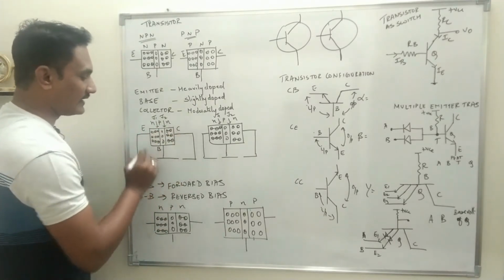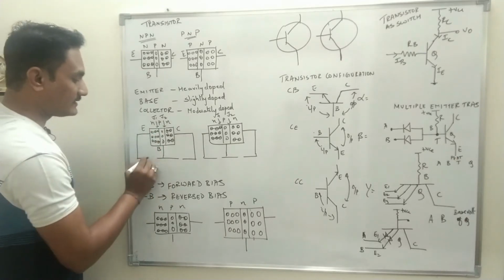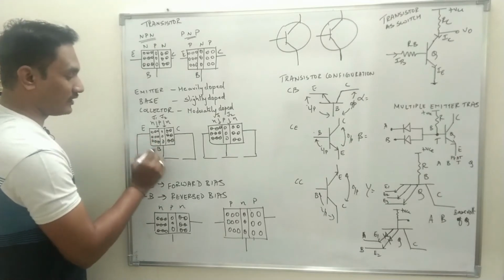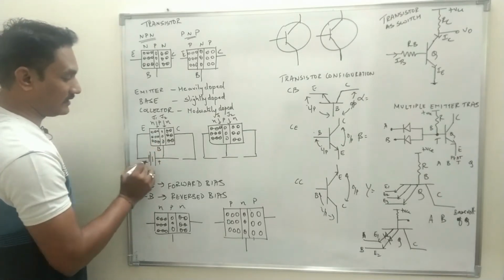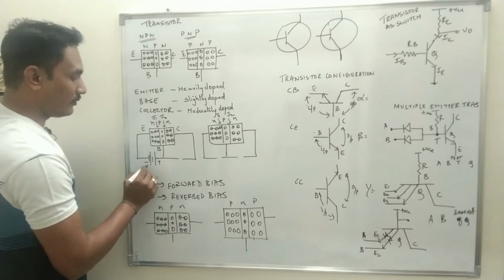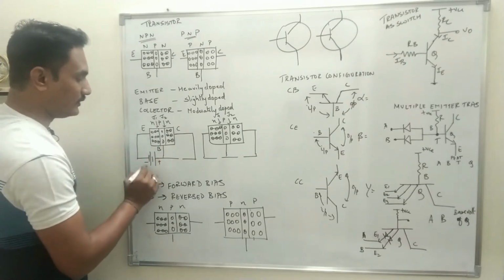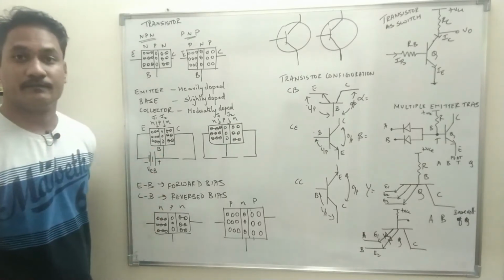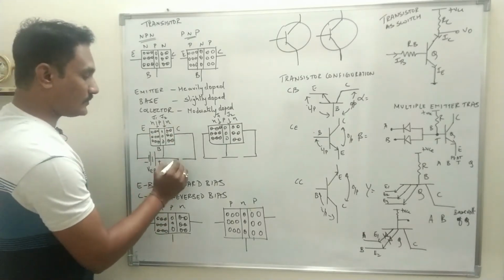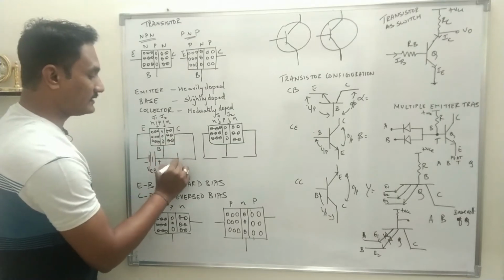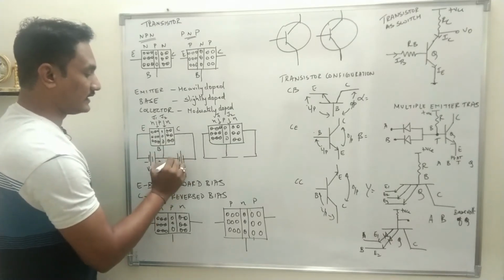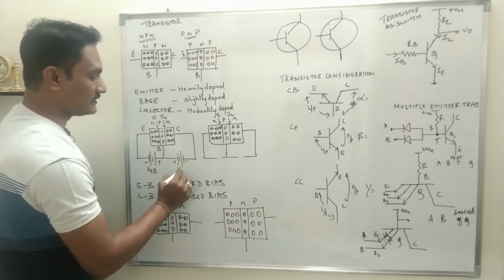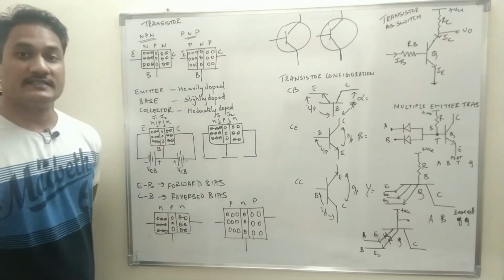In the first diagram, N is connected to negative and P is connected to positive for the emitter-base junction. This voltage applied between emitter and base is called VEB. For the other junction, again P is connected to positive and N is connected to negative. This potential applied between collector and base is called VCB.